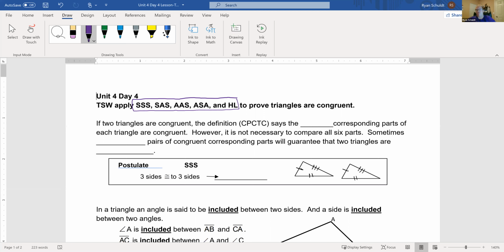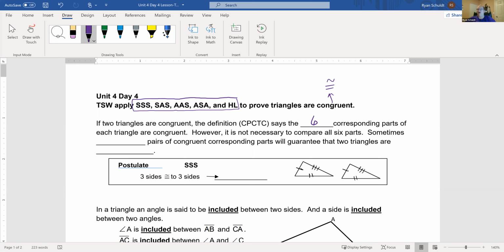But remember, when we're talking about congruent, that's this symbol. That symbol means congruent. So, if 2 triangles are congruent, the definition says that the 6 corresponding parts of each triangle are congruent.